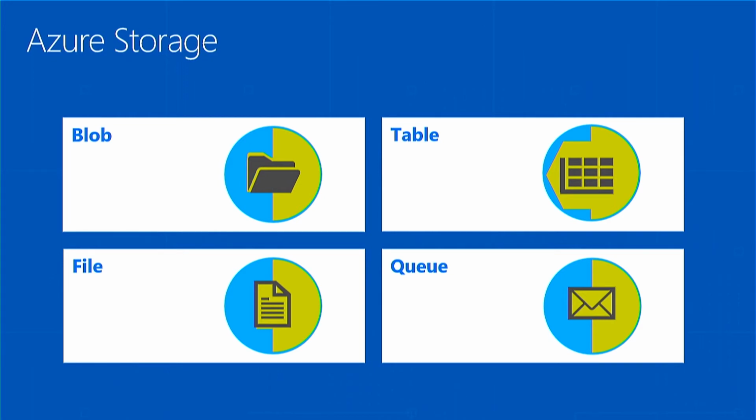So starting at the top, with the blobs, we've got different types of blobs, but essentially blobs is a flat file structure that scales massively and can essentially be accessed through a REST API. We've also got files, and files behave much more like your traditional network shares, so they can be accessed through SMB. They've got a hierarchy, unlike blobs that simulate a hierarchical structure.